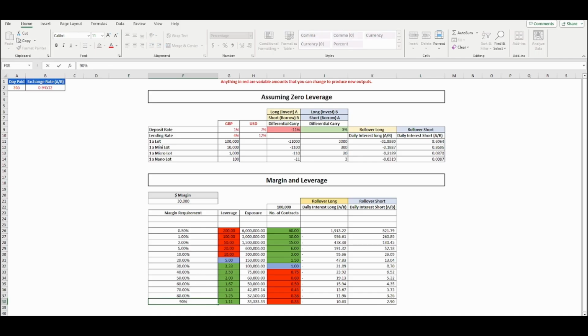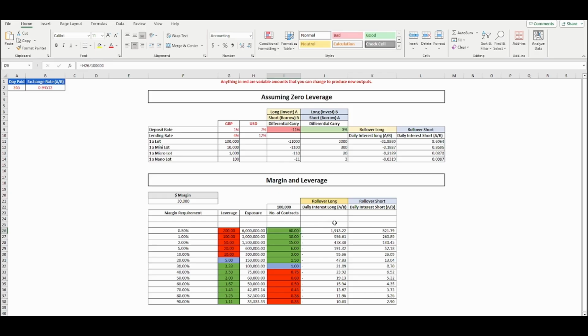So just say it's 0.5% margin requirement at 200 to 1 leverage, which is the following column. Your exposure based off a $30,000 trading account with 0.5% margin requirement and 200 to 1 leverage would be 6 million units of currency, which is equal to 60 standard lots.